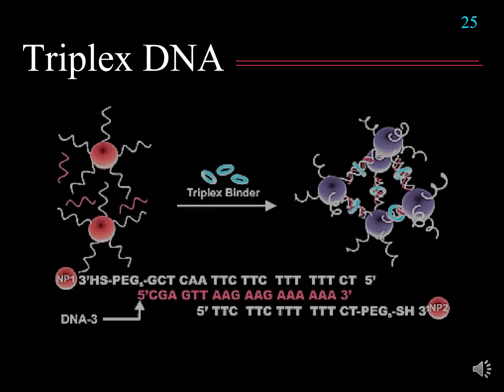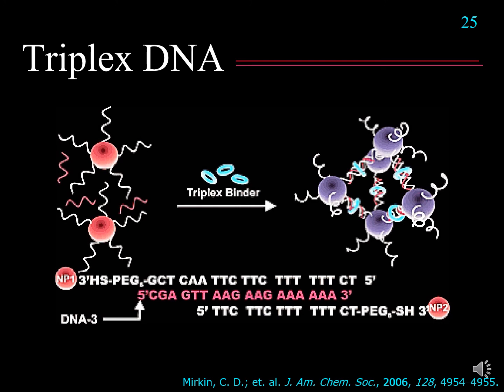Not only the double helix, DNA can form the triple helix as well, with a triplex binder. This is a kind of chemical that induces the formation of the triplex. As you can see here, the red DNA is the target DNA. So we have to design the gold nanoparticles together with the probe DNA.